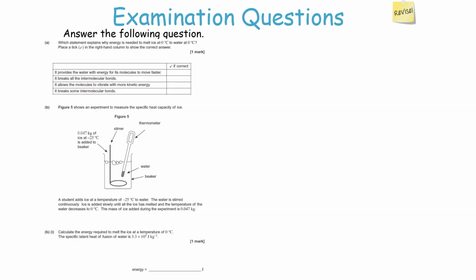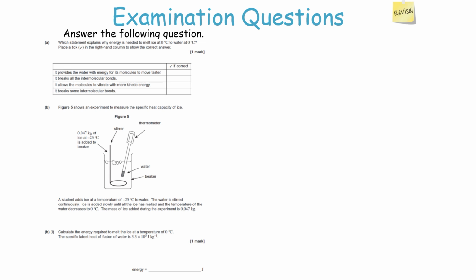Let's have a look at the next question. Which statement explains why energy is needed to melt ice at 0 degrees Celsius to water at 0 degrees Celsius? Then Figure 5 shows an experiment to measure the specific heat capacity of ice. A student adds ice at a temperature of minus 25 degrees Celsius to water. The water is stirred continuously. Ice is added slowly until all the ice has melted and the temperature of the water decreases to 0 degrees Celsius.